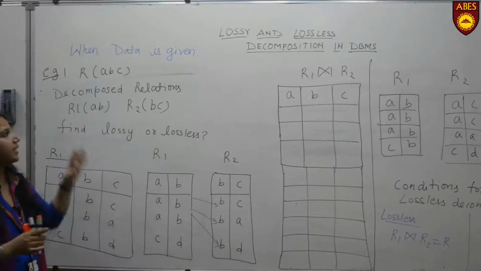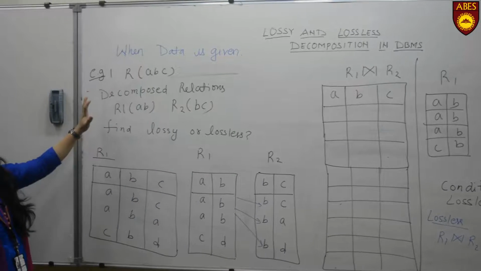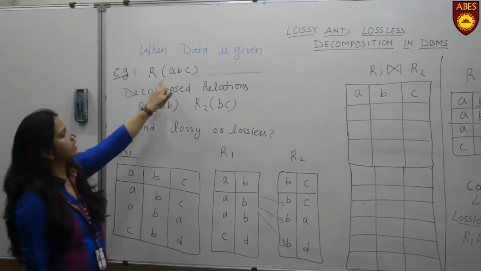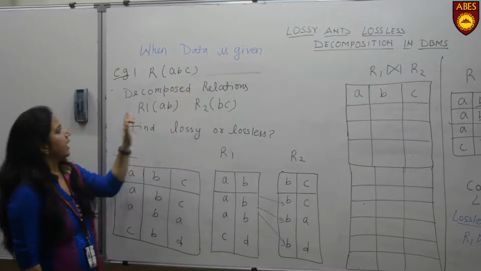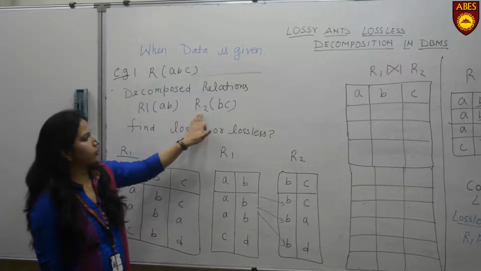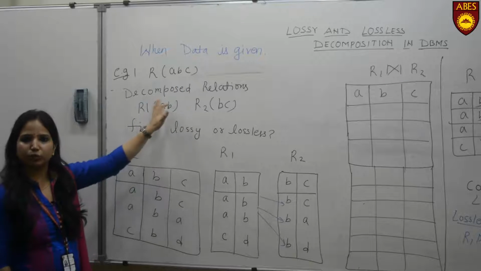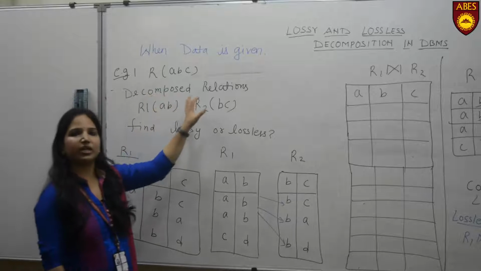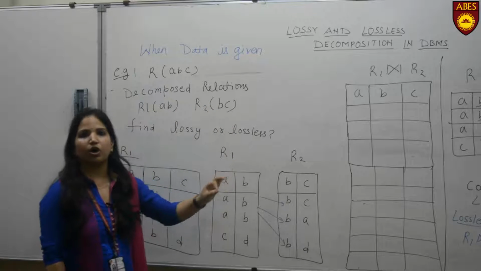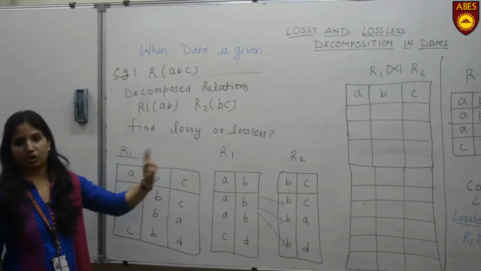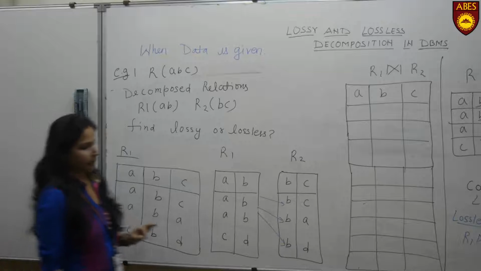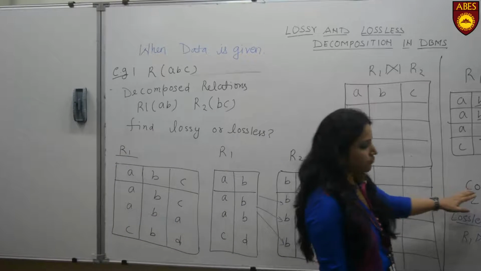The first one is when the data is given. In this case, the original relation is A, B and C and the decomposed ones are R1 and R2. We have to find whether this decomposition into R1 and R2 is lossless or lossy. For that purpose, we have 4 conditions.